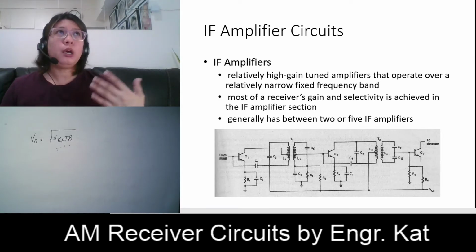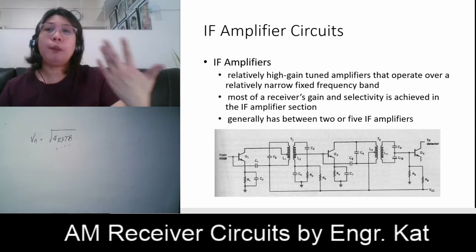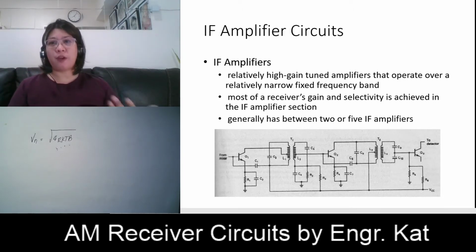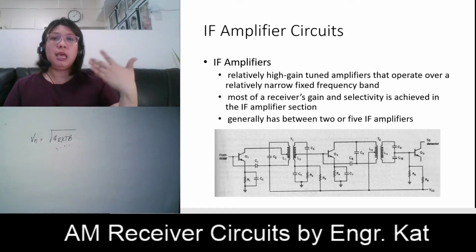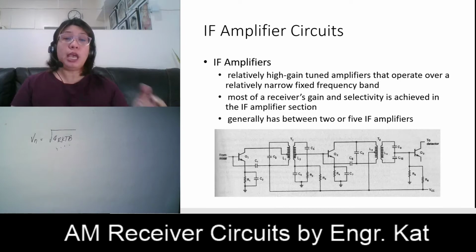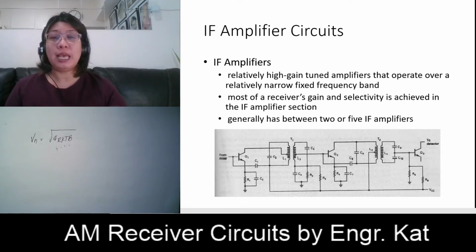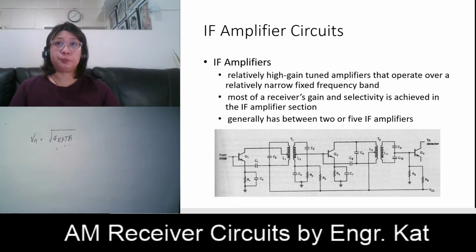Okay, so there is a possibility of having no RF amplifier, but usually the IF amplifier stage generally has between 2 and 5 IF amplifiers, and we usually call these several IF amplifiers IF strips.